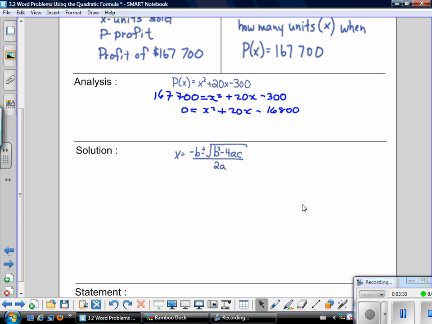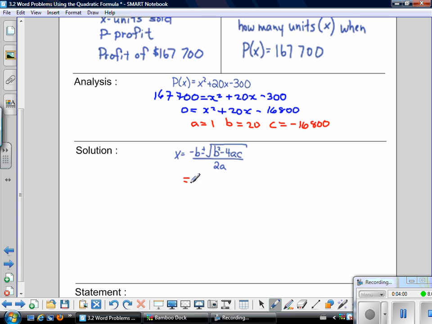So the first thing, as I said, often I like doing this. So I have A is 1, B is 20. Make sure you take the signs with you because it will make a big difference if you have the wrong sign. And C is negative 168. Okay, so now it's just a matter of substituting it into our formula.